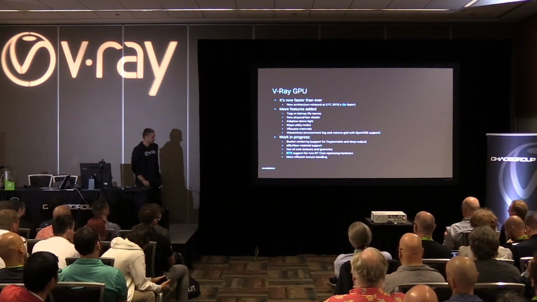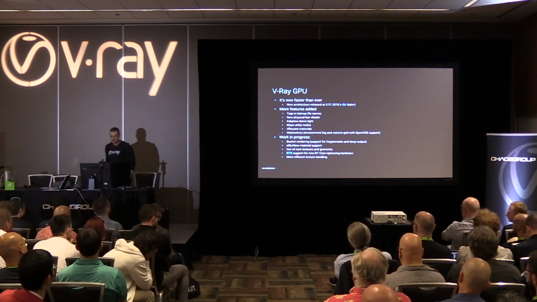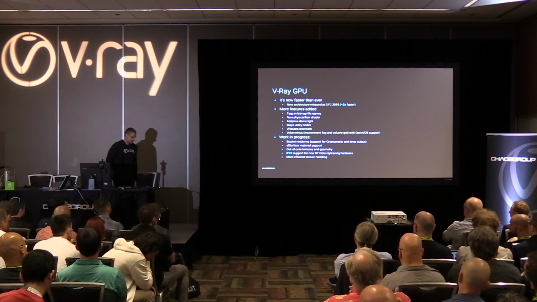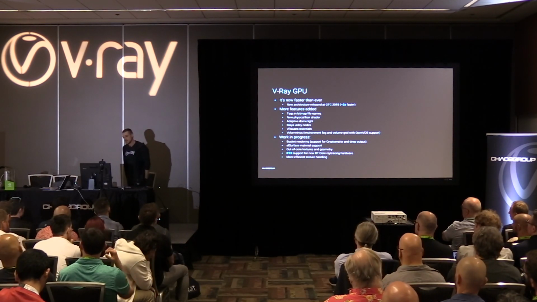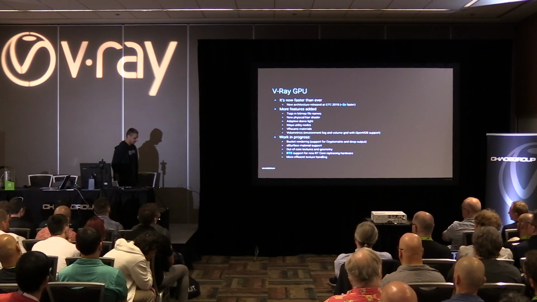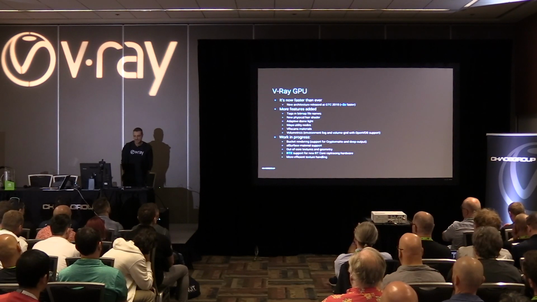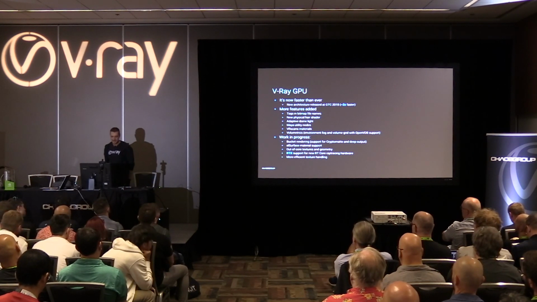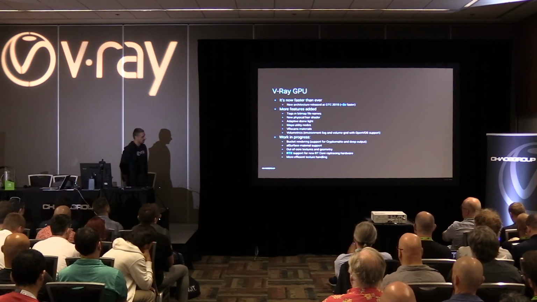Also, over the past few months, we have been working with NVIDIA to support their new RTX technology. If you have seen NVIDIA's announcements on Monday, you know that the new Turing cards have these new cores called RT cores, which are specifically designed to accelerate ray tracing. And they actually do a pretty good job of that.